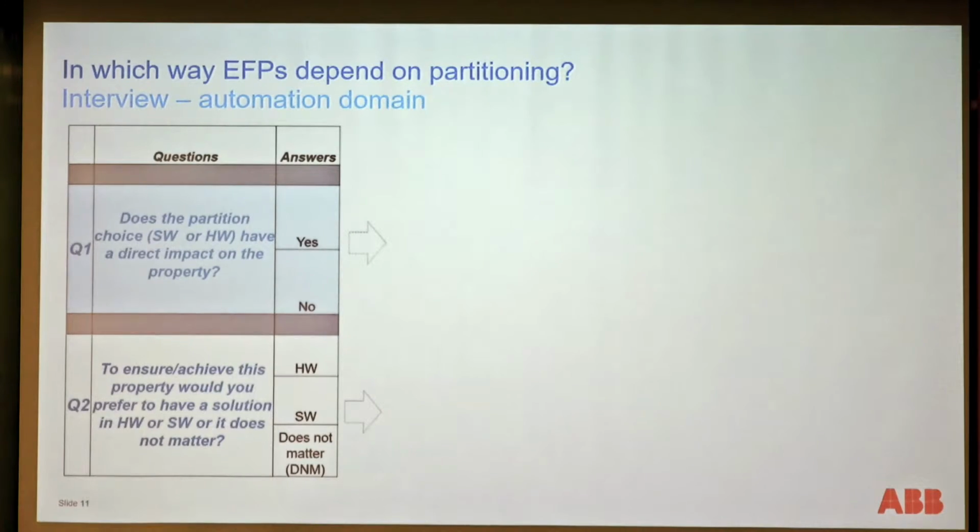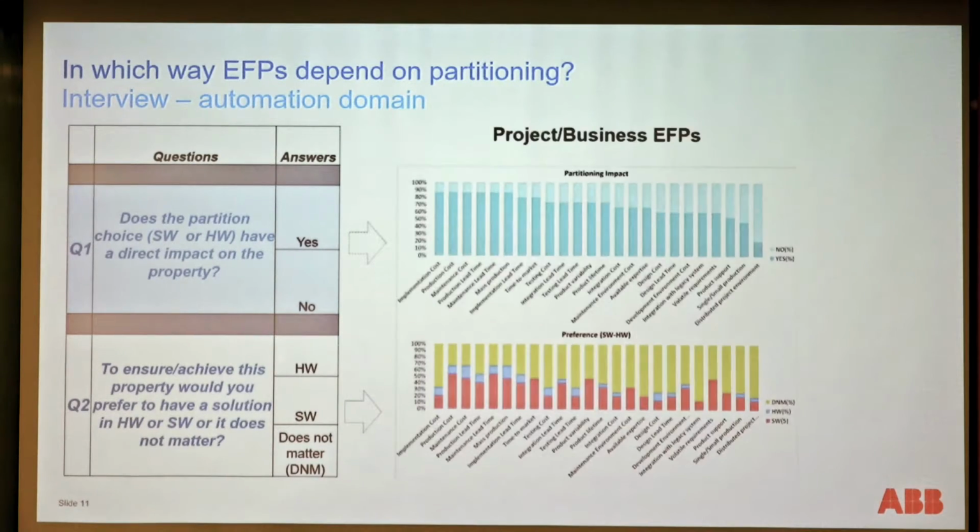We ask them these questions in relation to the 3 categories that we have presented before: life cycle, runtime, and project business related. And here I'm just showing one example of the answers that we got, the result related to the project business extra functional properties.